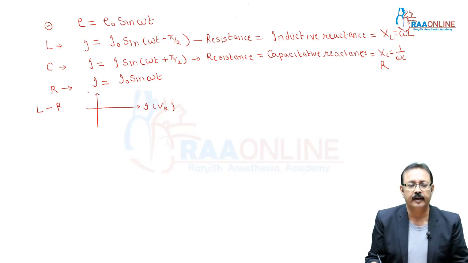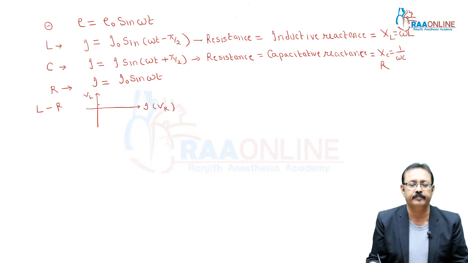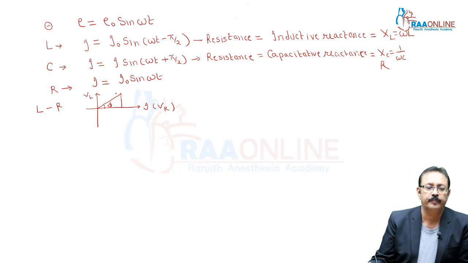Means if I am taking I in this, I will move 90 degrees behind, so V will go at this position, 90 degrees ahead of current. So their resultant will lie, this is their resultant. Means the phase difference of V and current is now neither 90 nor 0, it is in between 90 and 0.